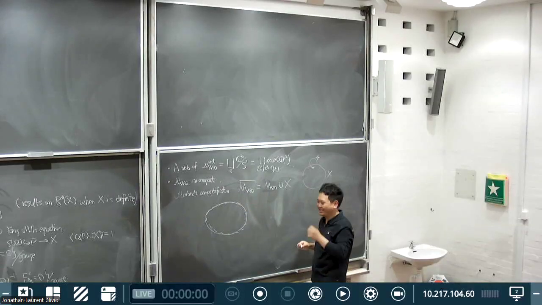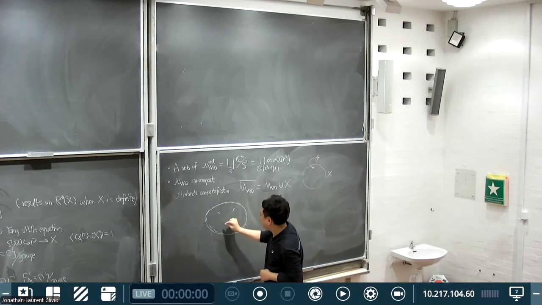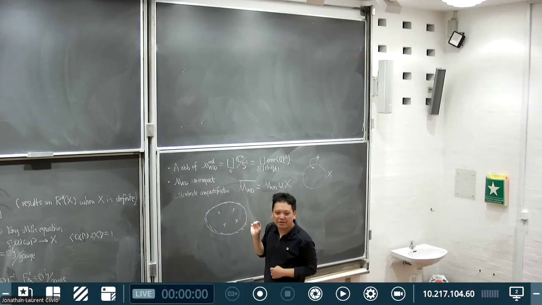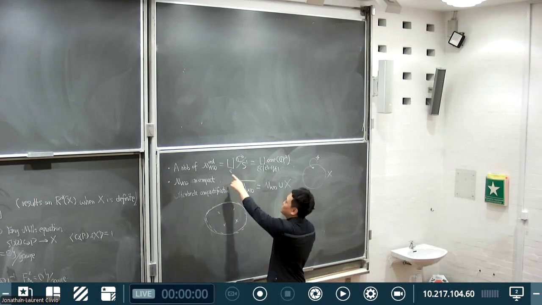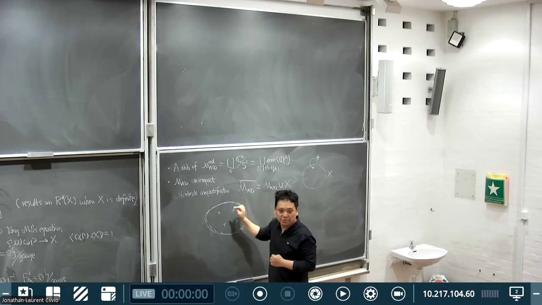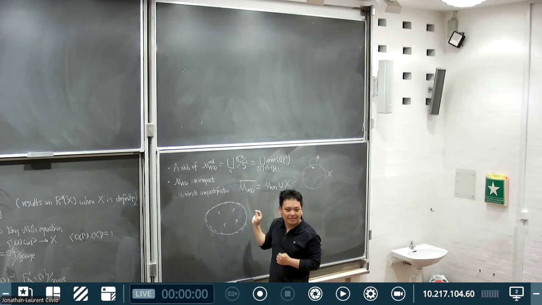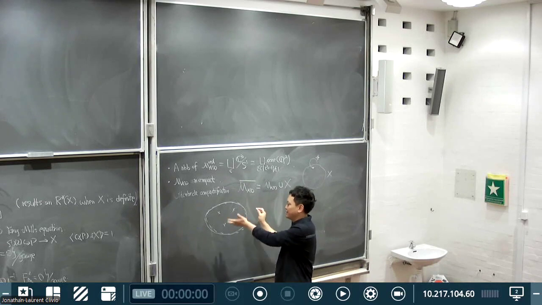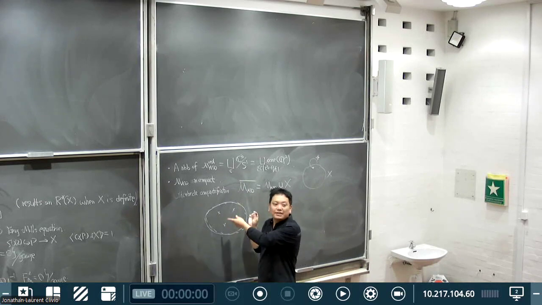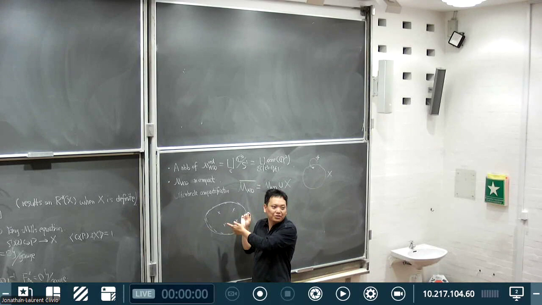Okay, so this is one feature. And the second is it's not really a manifold, it has some singular points. Singular points correspond to these cones on CP2. Okay, so this is a 5-dimensional manifold with singularities, with very well controlled singularities.